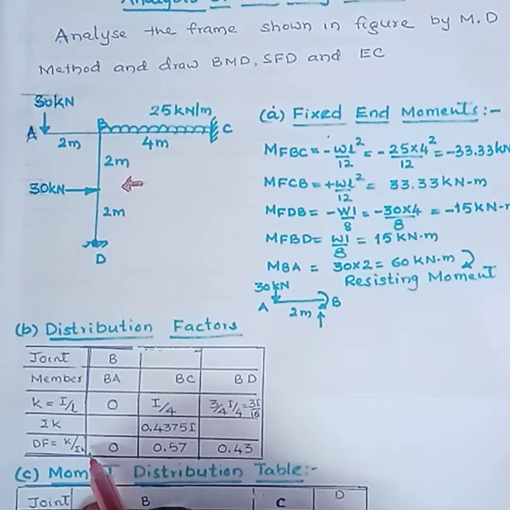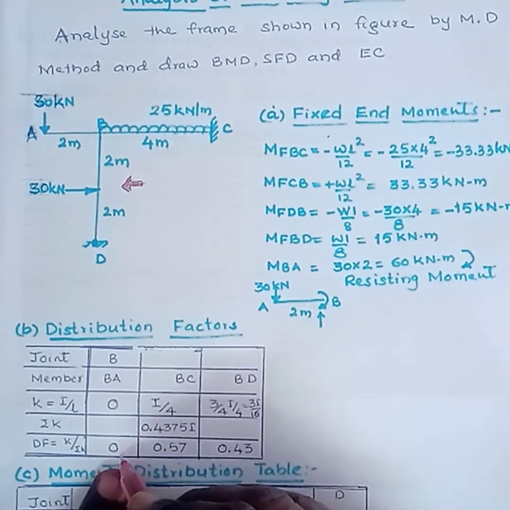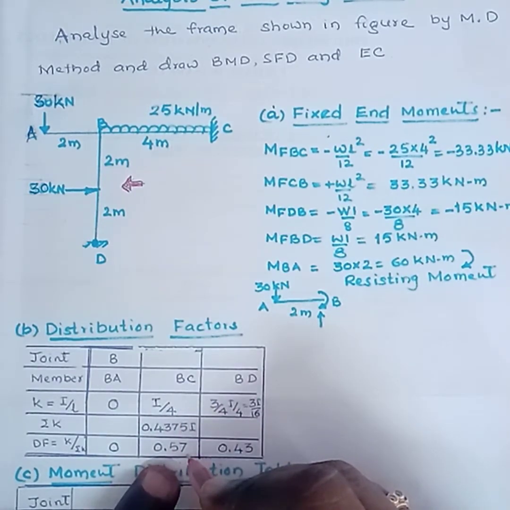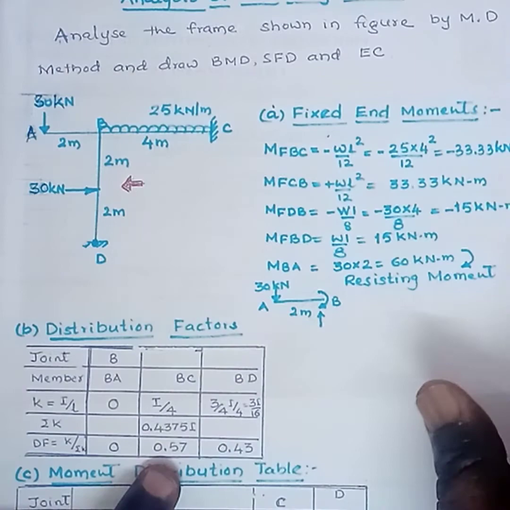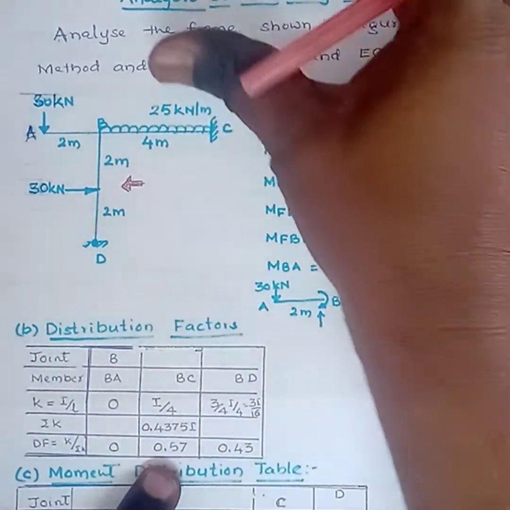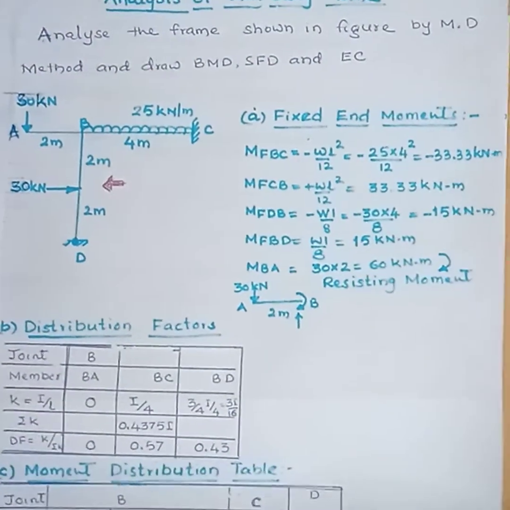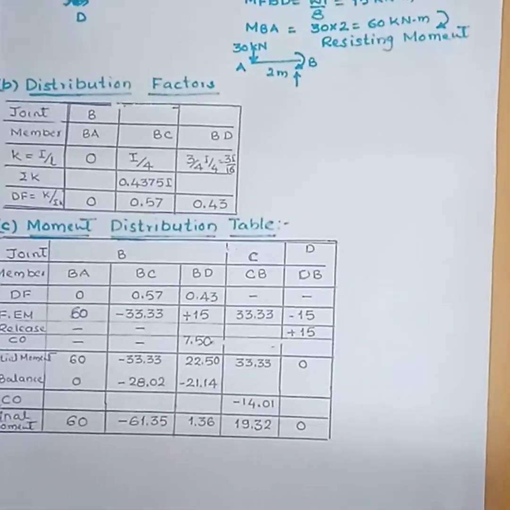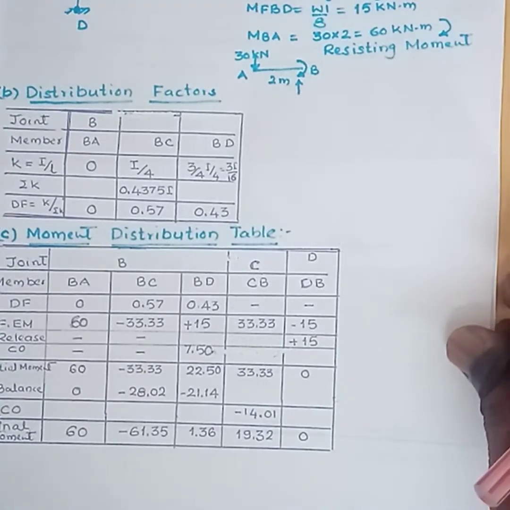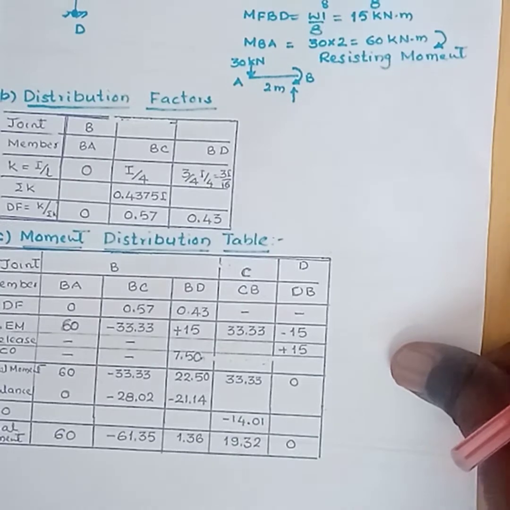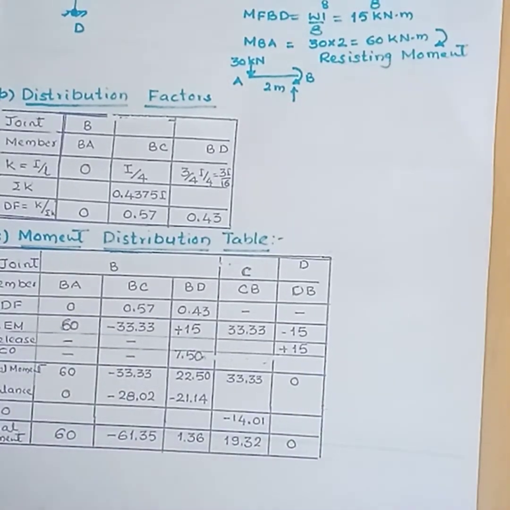Then distribution factor is K divided by summation K. KBA divided by summation K equals 0. KBC divided by summation K equals 0.57. KBD divided by summation K equals 0.43.